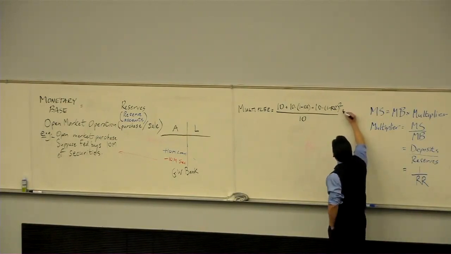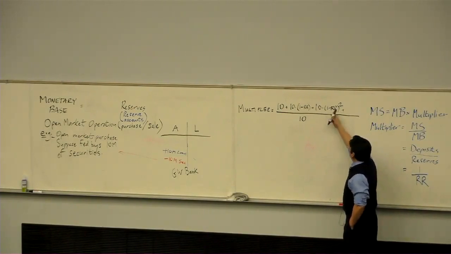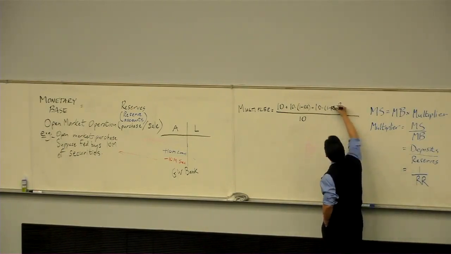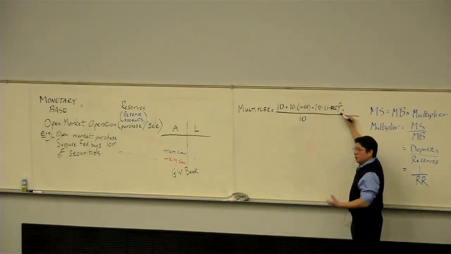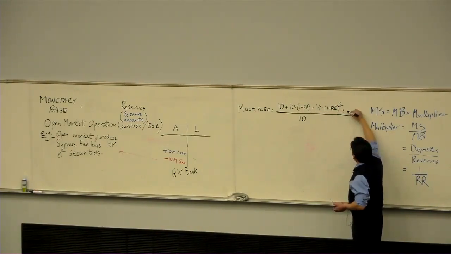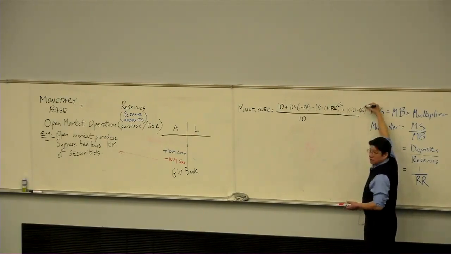You can see where this is going. Next stage, same thing. They receive this amount in new reserves. They want to hold on to 1 minus the reserve ratio of them. So we'll get this amount times 1 minus the reserve ratio squared times 1 minus the reserve ratio. So it's cubed. And so on and so on.